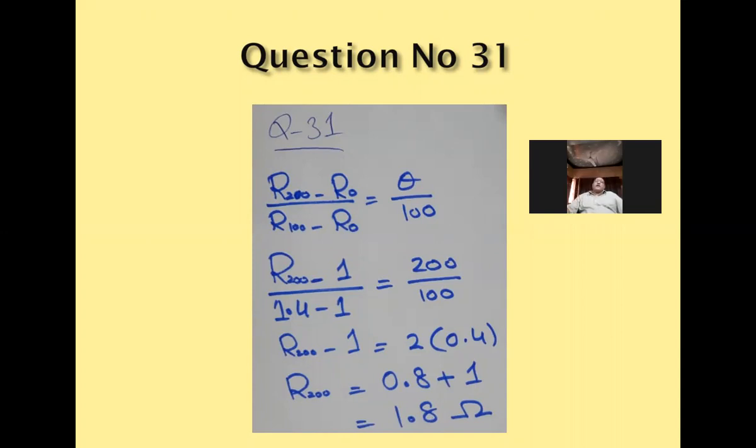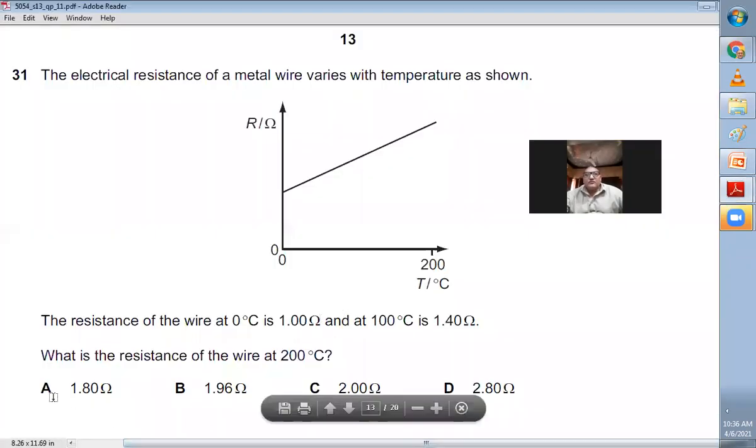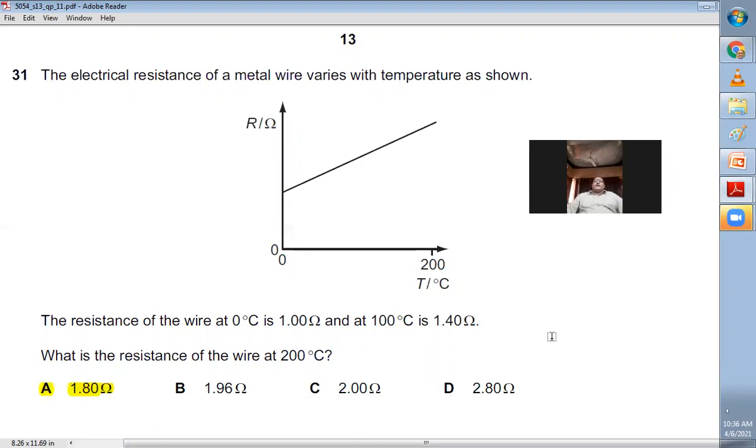So it will be 1.8 ohm. So the resistance should be 1.8 ohm. I hope you have understood this. This is a famous formula. So A is the option. A is the right option.